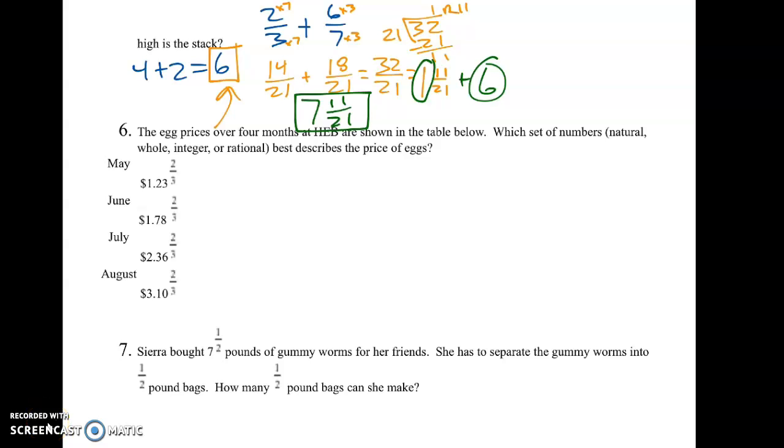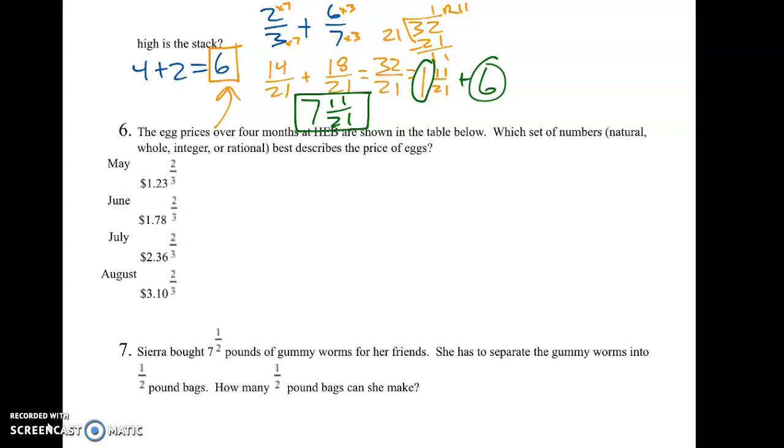Alright, number 6, it says the egg prices over 4 months at HEB are shown in this table. Which set of numbers, natural, whole, integer, or rational, best describes the prices of eggs?